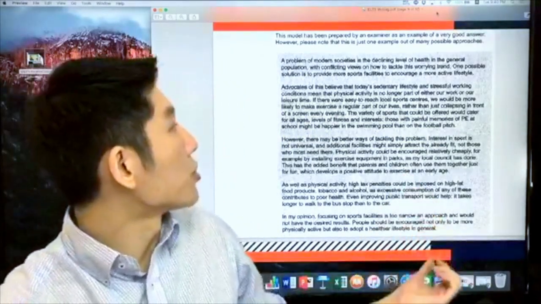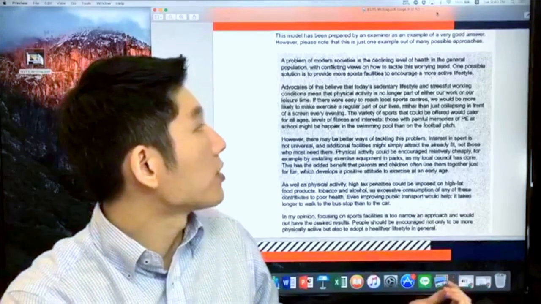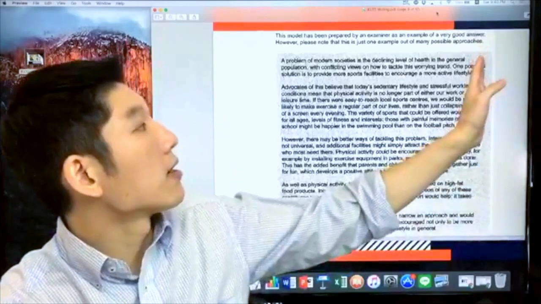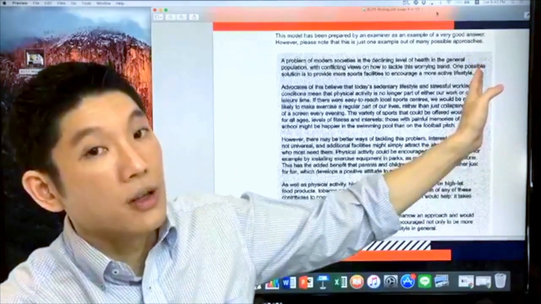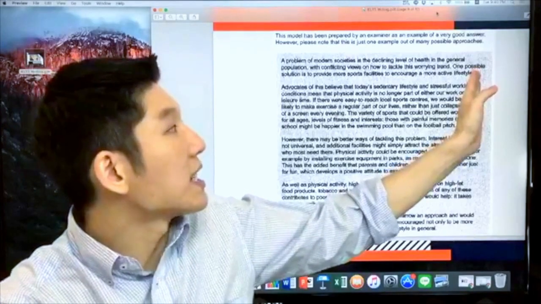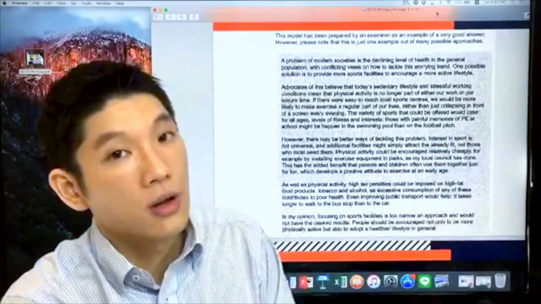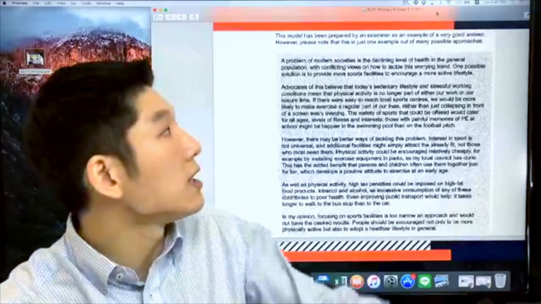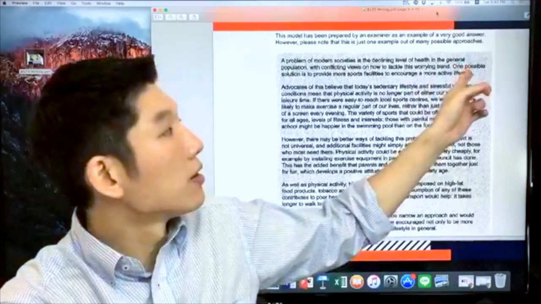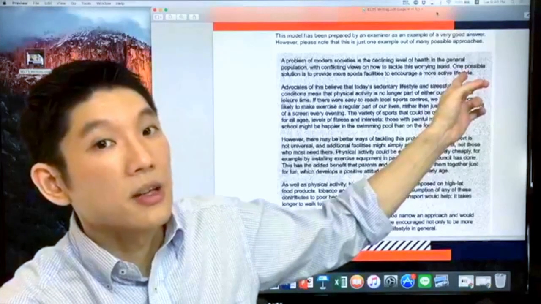One possible solution is to provide more sports facilities to encourage a more active lifestyle. And many people think the thesis statement, 就是你的论点, always comes at the last sentence of the introduction. You can clearly see in this example that this is not so. This is not the thesis statement.